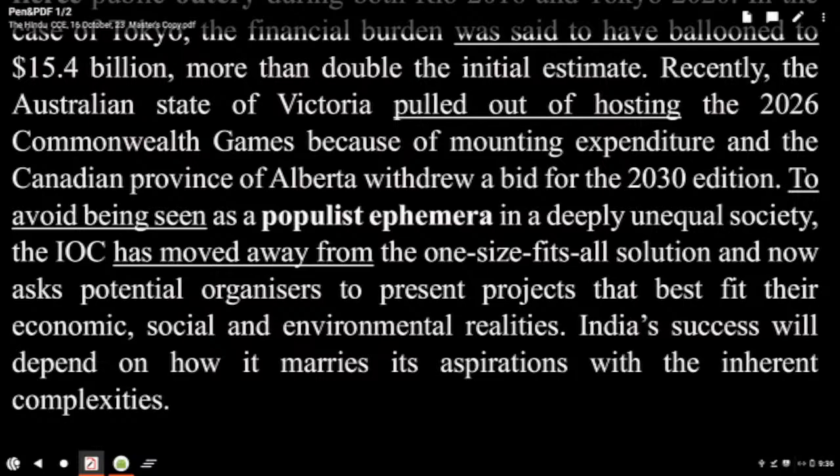In a deeply unequal society, the IOC has moved away from the one-size-fits-all solution. Has moved away, present perfect, from what? The one-size-fits-all solution, and now asks potential organizers to present projects that best fit their economic, social, and environmental realities.